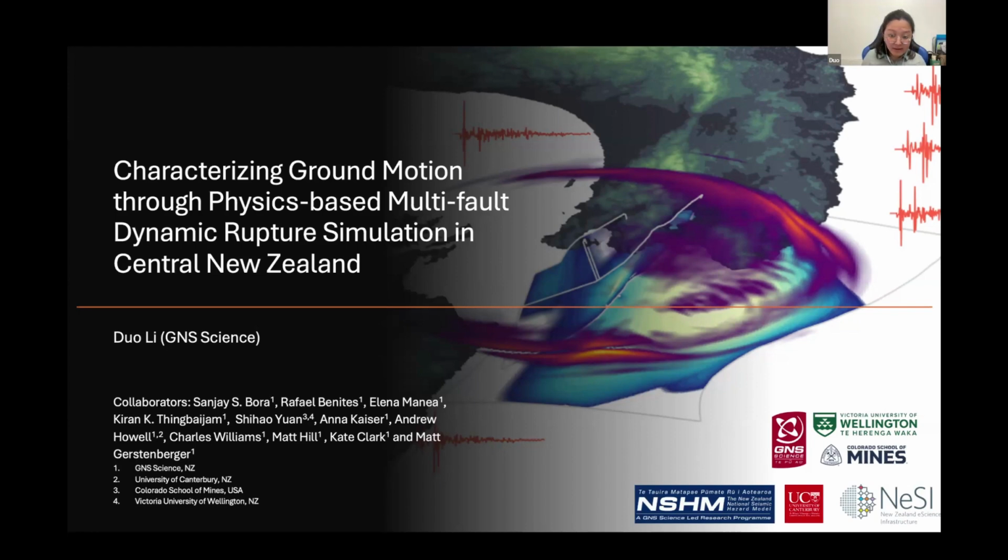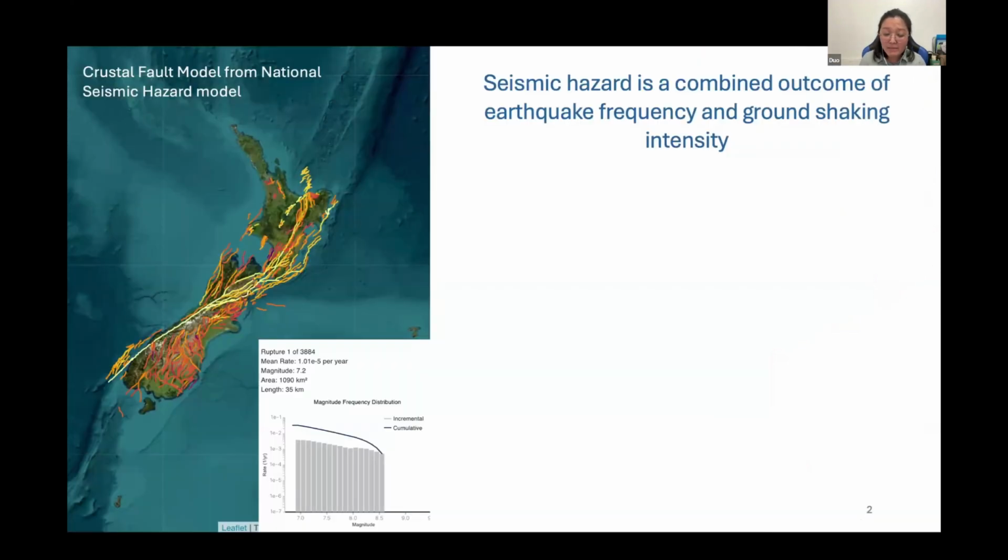So today, I'm going to talk about our latest progress, especially on how we can integrate numerical simulation into the seismic hazard model. It's quite important to have a good seismic hazard model for the safety of society and the people.